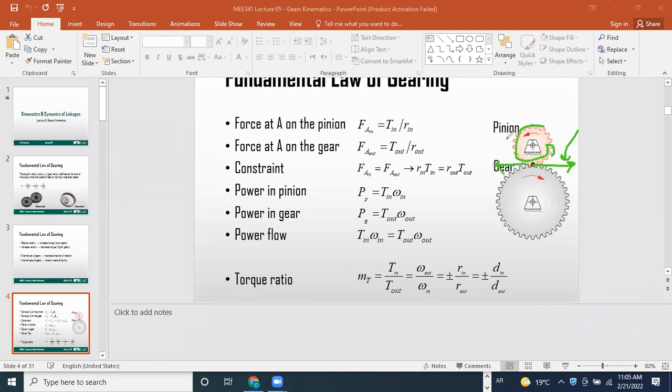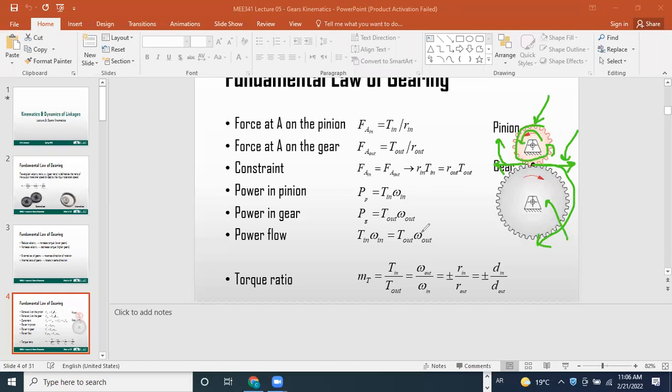This is why, for the main driving gears, you have a couple M that is transmitted through a motor. This couple will create the rotational effect. So here the couple will be in the counterclockwise direction. The force of the gear on the pinion will be trying to oppose this, so it will create a resistance to motion. However, the transmitted force to the gear will have the role of a driving effect. So this is the driver, this is the driven gear.